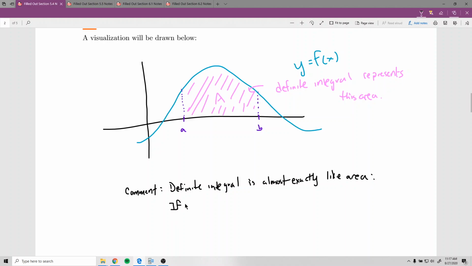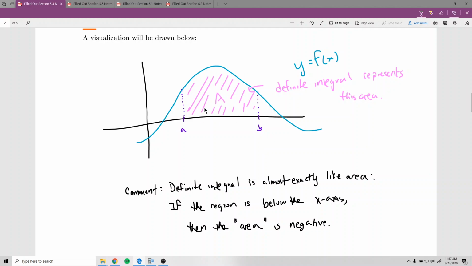If the region you want to find the area of is below the x-axis, then the definite integral is negative.